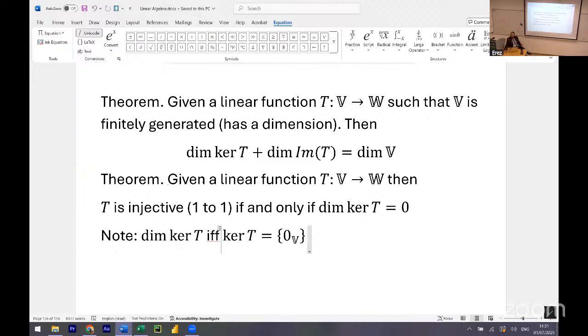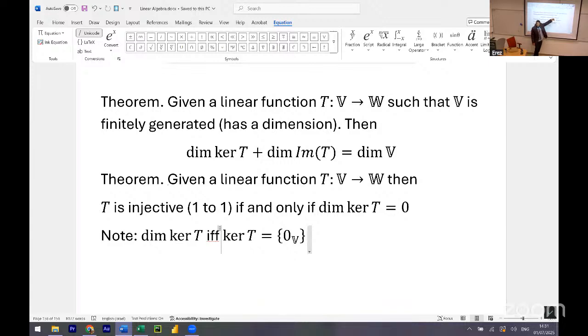Yes, Thomas. For an injective function, are linear functions also surjective? So let's consider what Thomas asked. It's a good question. Let's think of an injective function. That means that the dimension of the kernel is 0, right? So that means that the dimension of the image is the dimension of the domain.